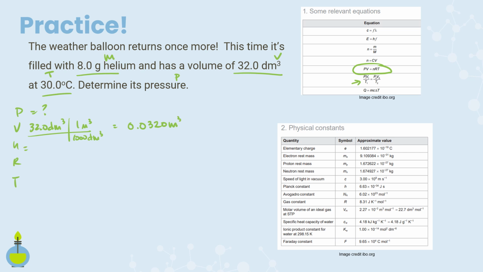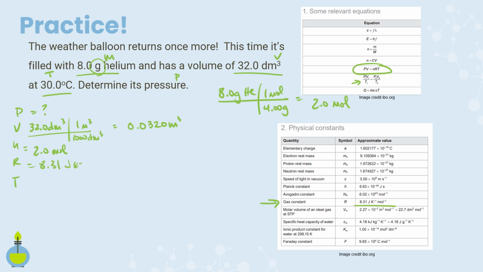And how are we going to find the number of moles of helium when we're given the mass? Oh, railroad tracks. 8.0 grams of helium. The periodic table tells us that the molar mass of helium is 4 grams per mole. 8 divided by 4 is 2 moles of helium. n is 2 moles. R is always this gas constant, 8.31 joules per Kelvin per mole.